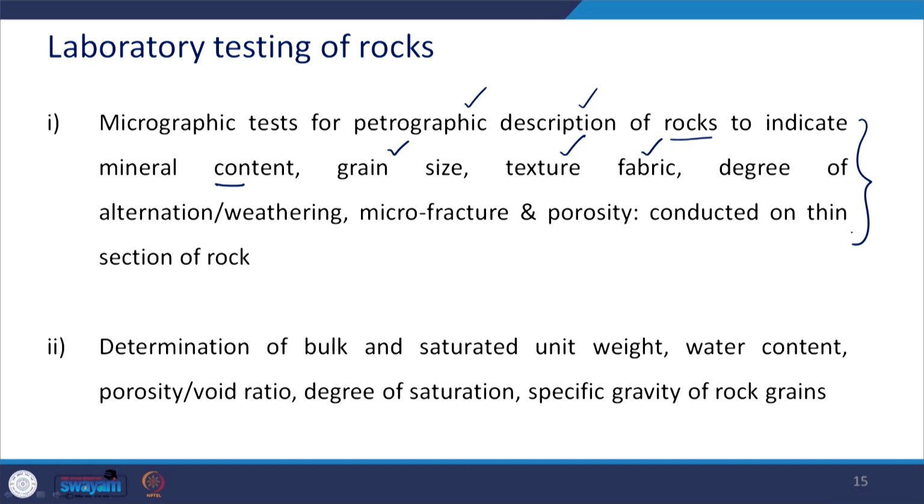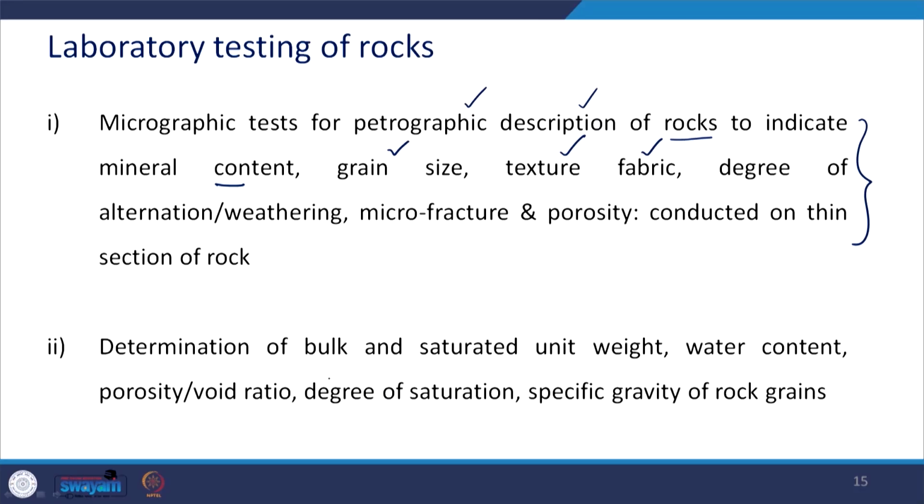What we do is we make a thin section of rock and then carry out this test. As far as civil engineers are concerned, yes, we conduct these, but many times we rely on experts from the earth science stream because they have better insight about the mineralogical content of rocks.